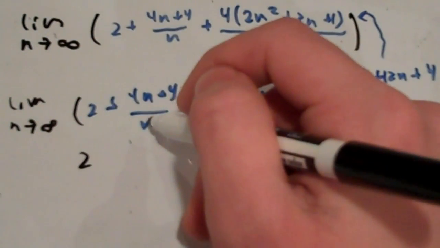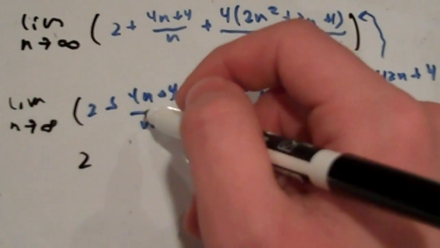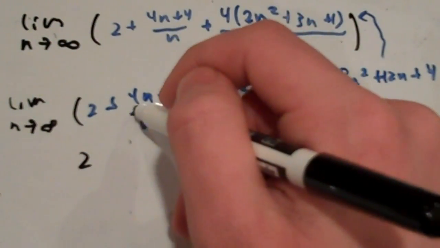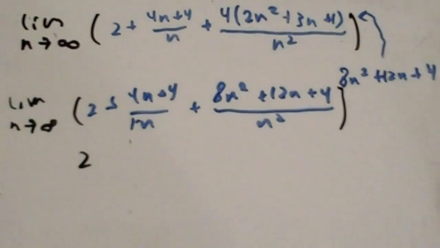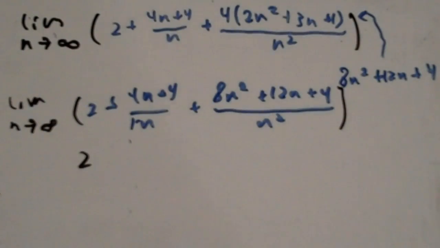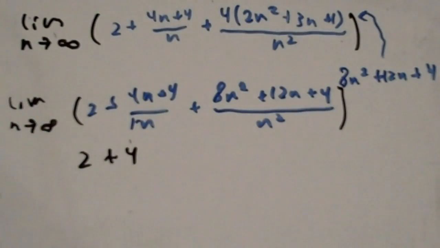The highest power for these are both n, and since there is a highest power of n on the top and on the bottom, we look at their coefficients. The coefficient for that is 4, the coefficient for that is 1, so as n approaches infinity, this section simplifies down to 4, which we then add to the 2.